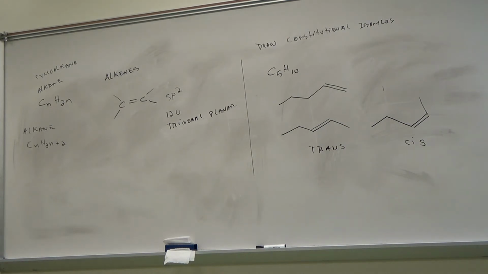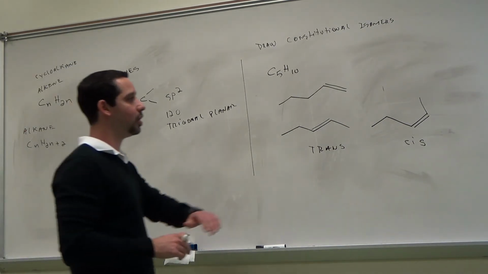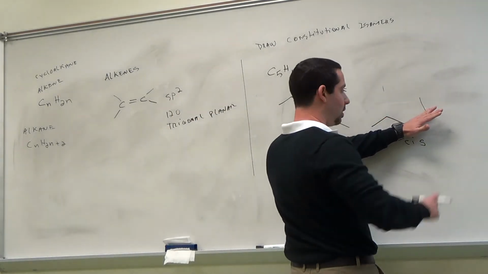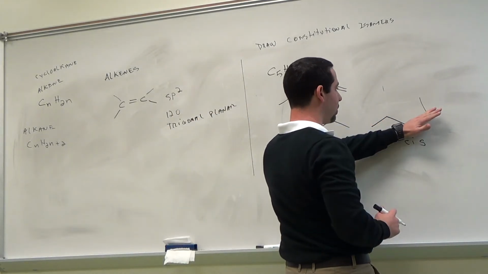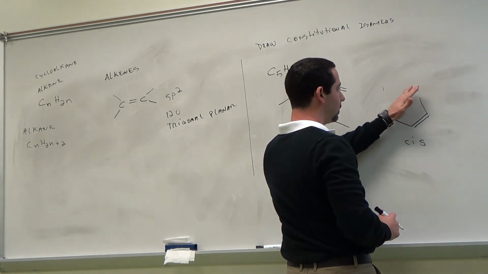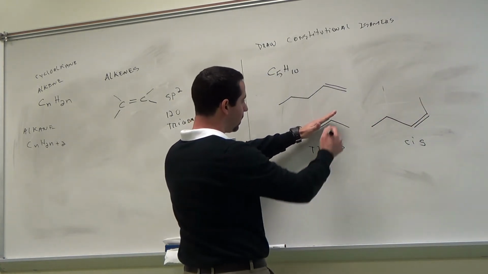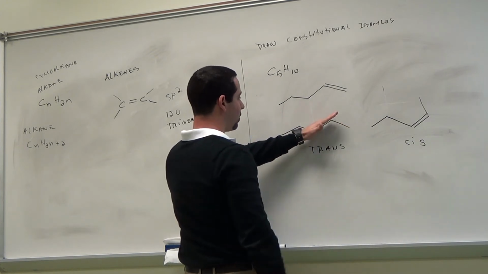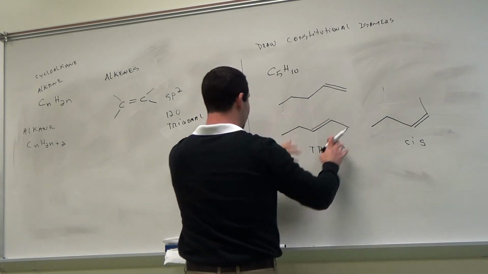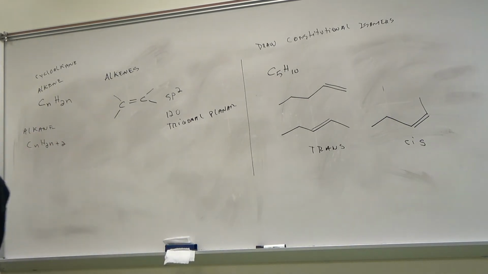Same side. Okay, so here's a double bond which is flat. And that group and this group, which are the biggest groups, are on the same side. You see it or no? While this is the double bond, and this group and that group, which are the biggest, are on opposite sides. So that is called trans. I'm going to talk more about that later.